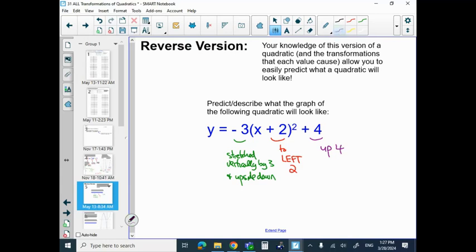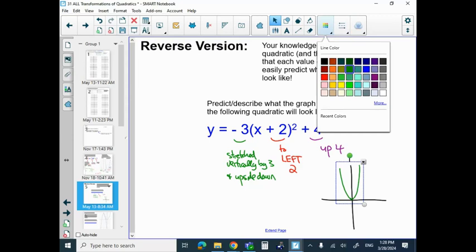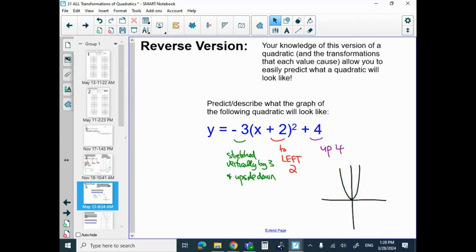If we were to do a really rough sketch of this, we'd have the original graph. I guess I'll do green for the original, like I've been doing. And then we'll stretch it by a factor of 3. Let me do the first original in black just so I can stick with the colors I had chosen today.